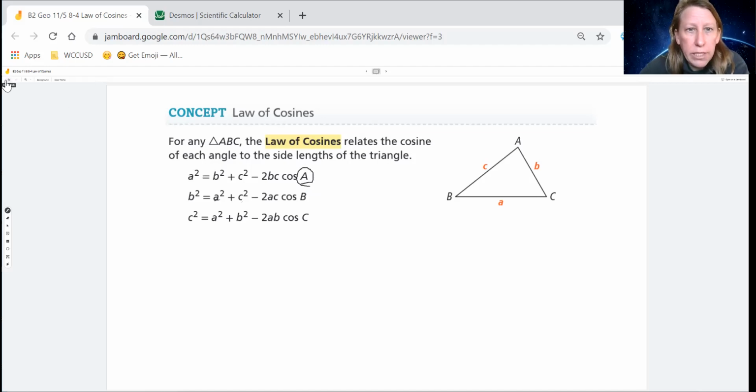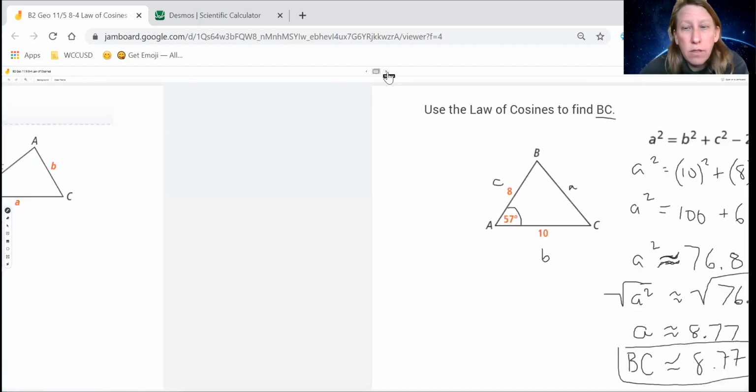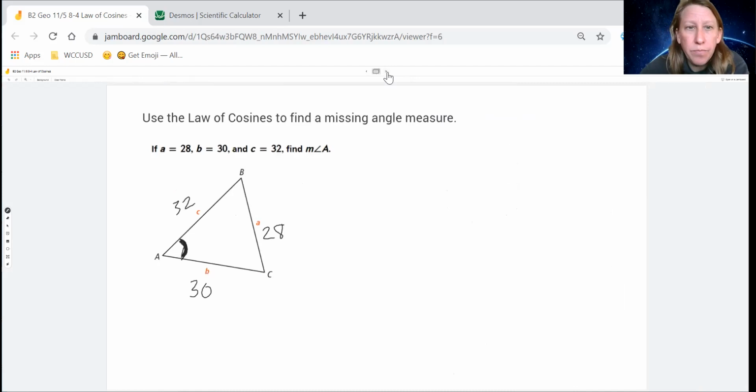So I'm going to use that formula. I have all three sides. I don't have that missing angle. So I'm going to plug that in. I'm going to use a squared equals b squared plus c squared minus 2bc times the cosine of angle A.